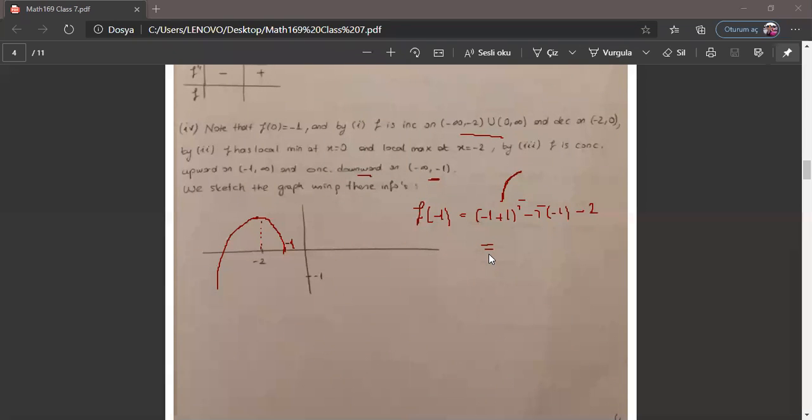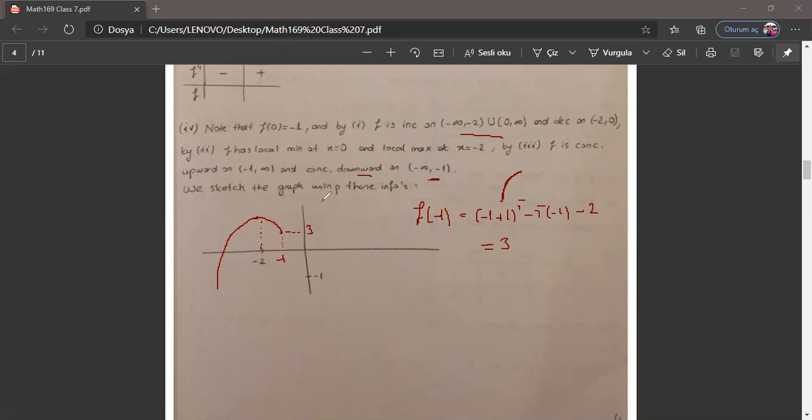Yes, we have 3. Then we erase it. So let me write it, it is 3. Okay, so from this till this -1, we have 3, okay?